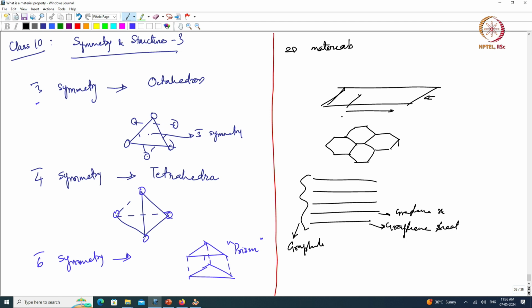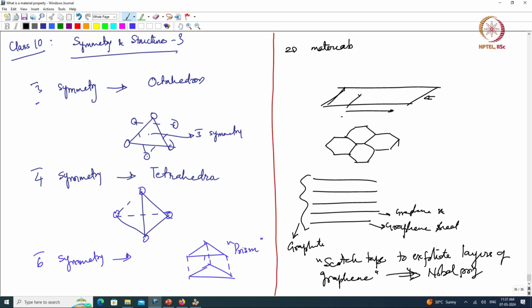Graphite is a mineral that is available in nature, and you can take graphite and peel off layers using the so-called Scotch tape technique, which actually earned a Nobel Prize for exfoliating layers of graphene.